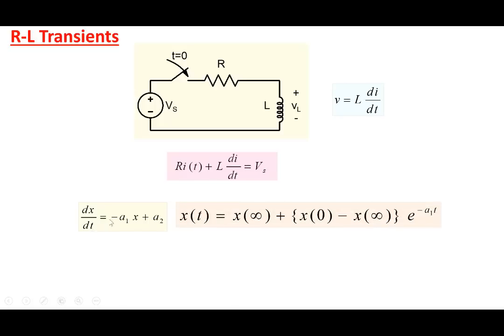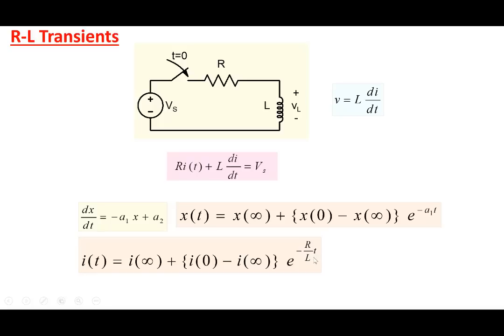We've seen that whenever you have a first order differential equation like this, the general solution is x(t) equal to x(infinity) plus (x(0) minus x(infinity)) e to the power minus a1 t. If we compare these two equations, we can clearly calculate a1, and we can write the inductor current i(t) is I(infinity) plus (I0 minus I(infinity)) e to the power minus R by L t.